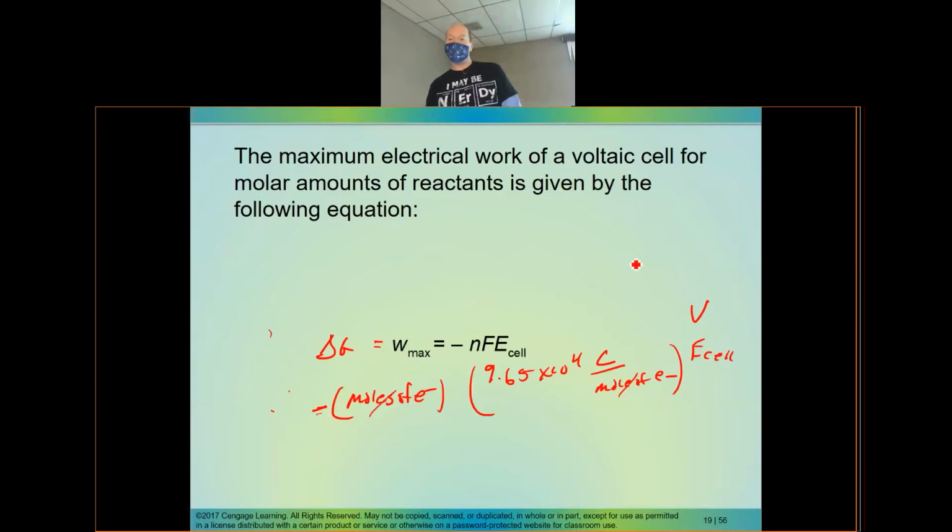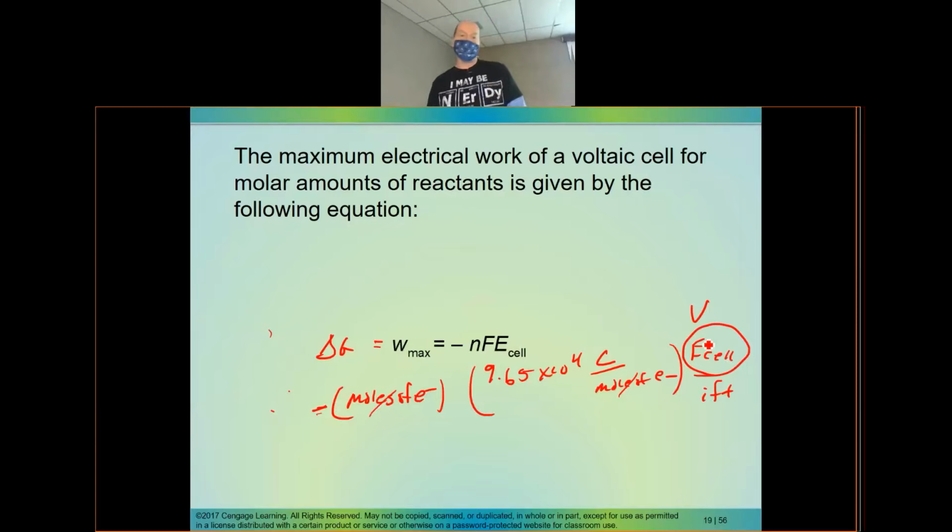So that gives you a coulomb times a volt. And we saw that charge times your potential difference, that's your energy. A coulomb times a volt is a joule. And so if your E cell is a positive value that you get off of the table in this chapter, then your moles is always positive, and F is always positive.